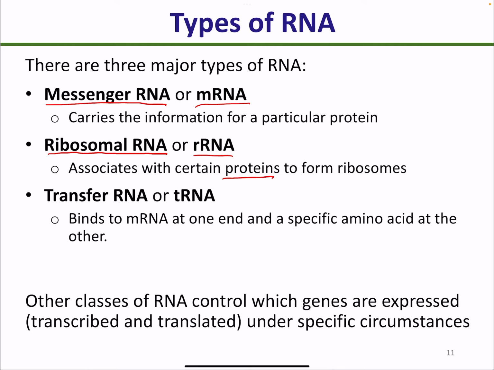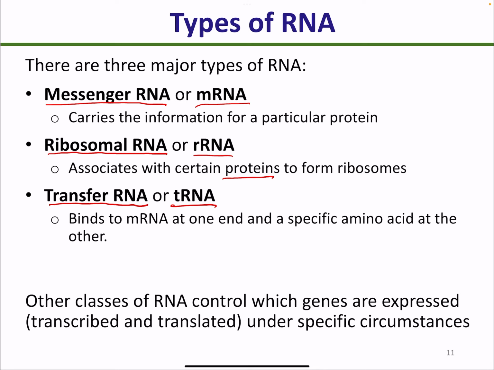And finally, we have what we call the transfer RNA or tRNA. The transfer RNA is the RNA that allows the system to read the information in the messenger RNA and convert that information into information in amino acids.